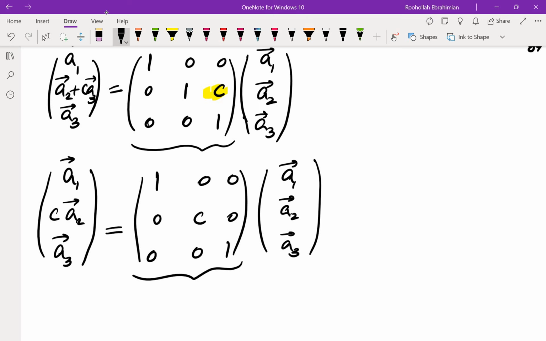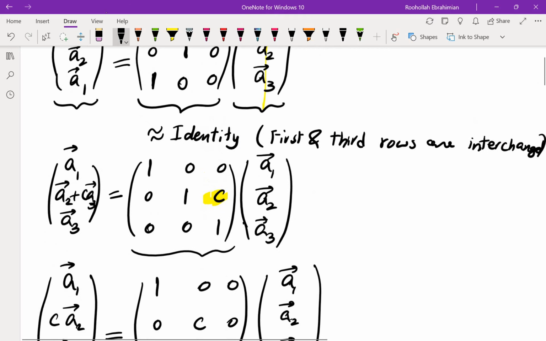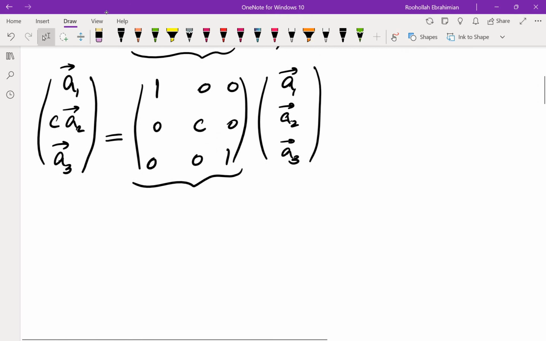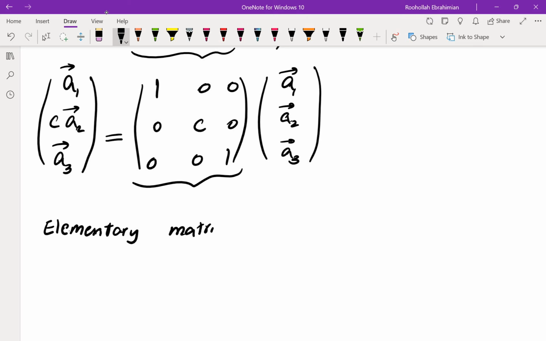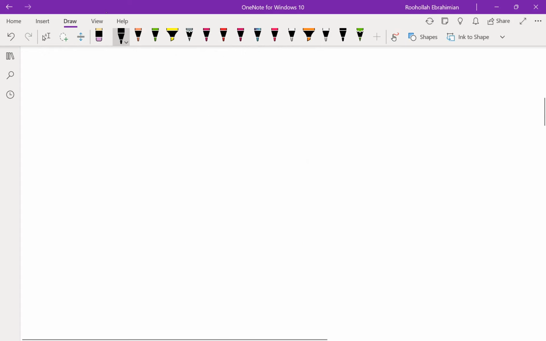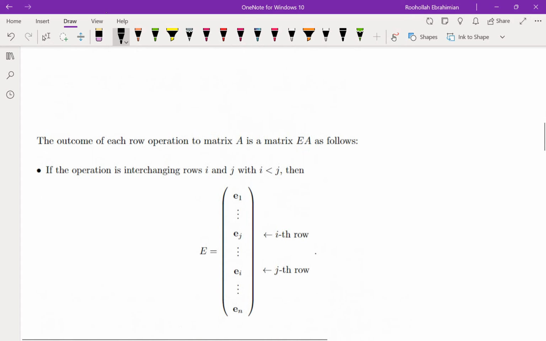These three matrices are called elementary matrices. So what is an elementary matrix? There are three types of elementary matrices, and each one of these is called an elementary matrix. I have them listed here.